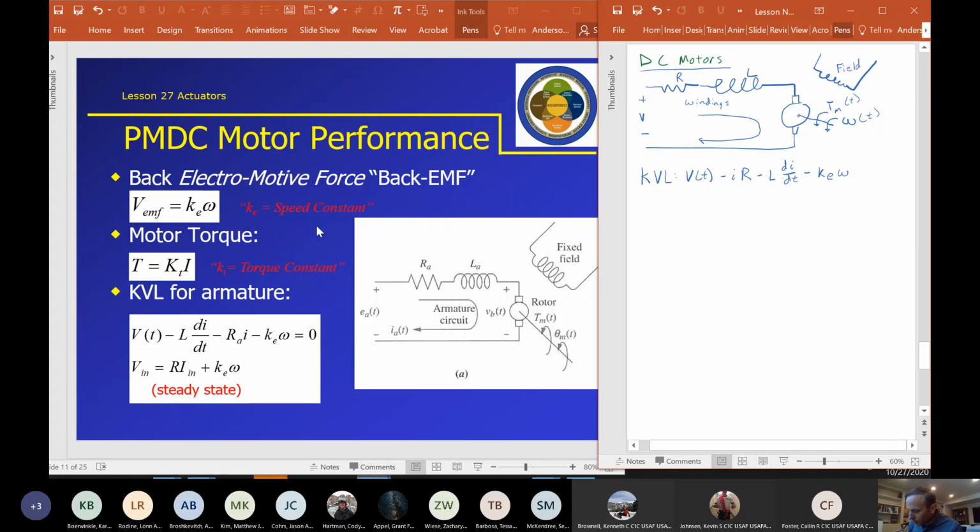And each motor will have a back EMF constant, K sub E, which is also known as the speed constant. And it just depends on the design of the motor. So all of that then equals 0. So that's our KVL for the motor.